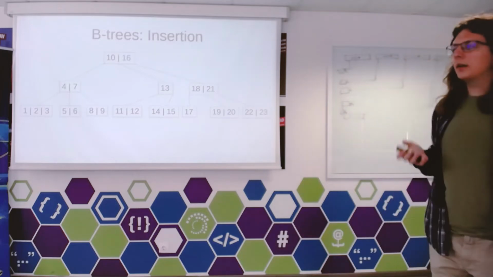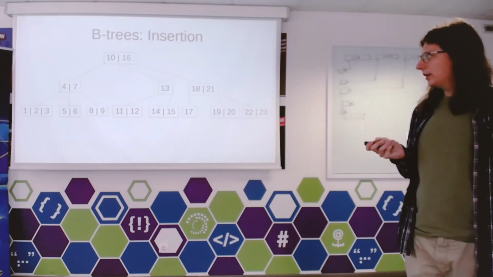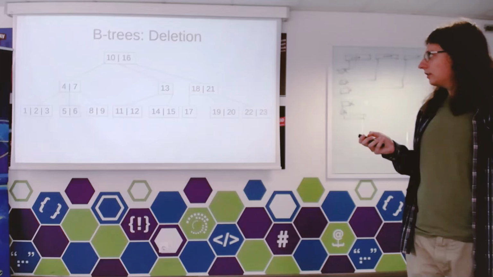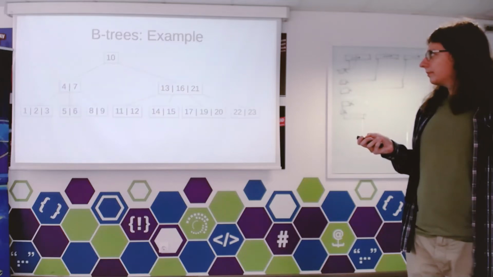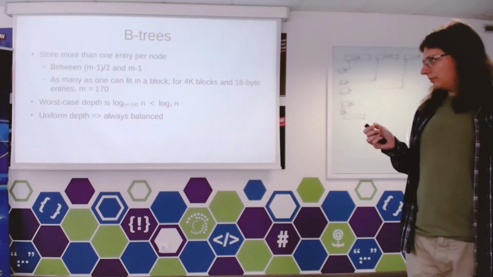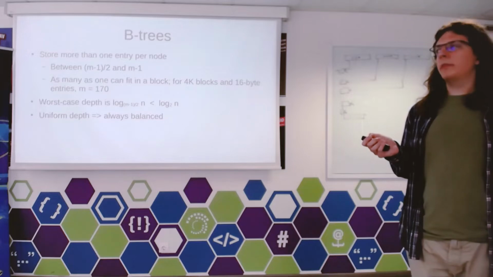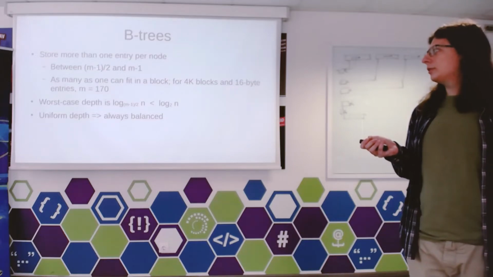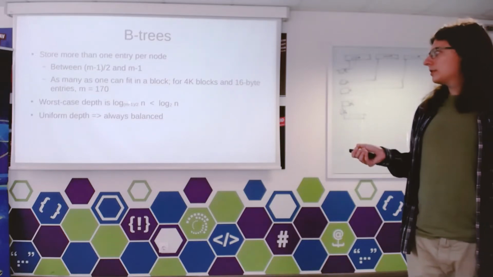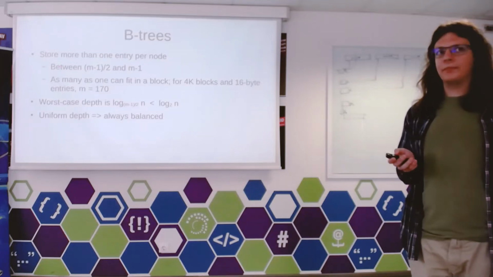And as I said, the invariant is that all nodes have up to n-1 keys, and everything except the root has at least (m-1)/2, which gives us this depth bound.